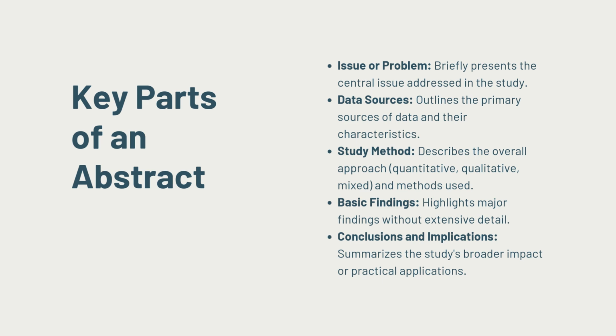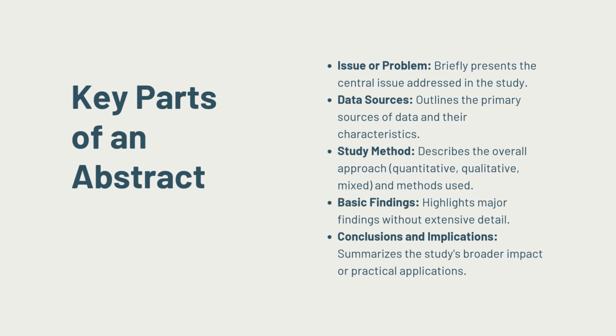Second, the data sources should give readers a sense of where the information comes from, such as surveys, interviews, or archival records. Then the study method briefly explains the approach taken, such as qualitative interviews with, let's say, 30 farmers, or a quantitative survey of 500 respondents. After that, we move to the basic findings, where you are expected to outline major results from your paper.